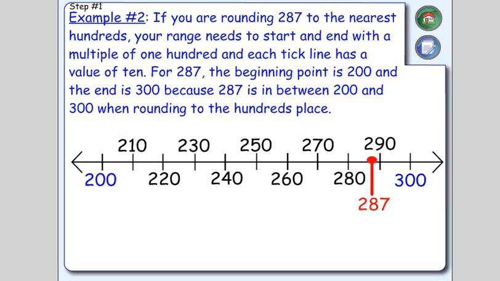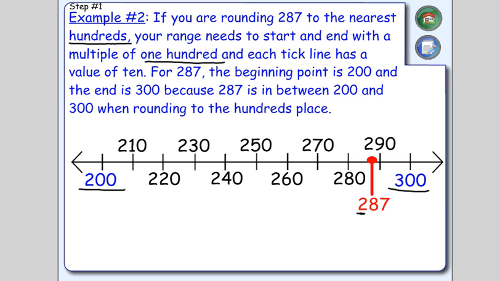Now let's look at one in the hundreds. If you are rounding 287 to the nearest hundreds, your range needs to start and end with a multiple of 100. And each tick line has a value of 10. For 287, the beginning point is 200. The end point is 300.